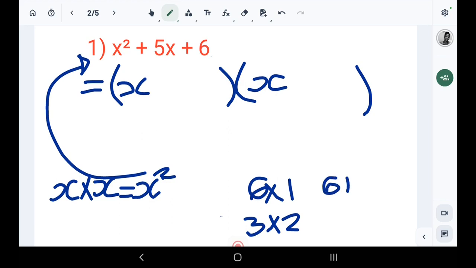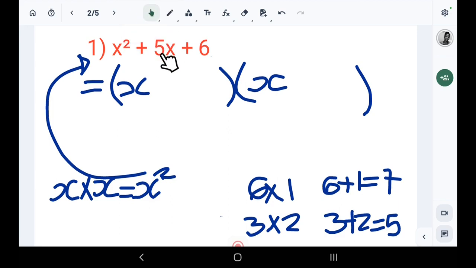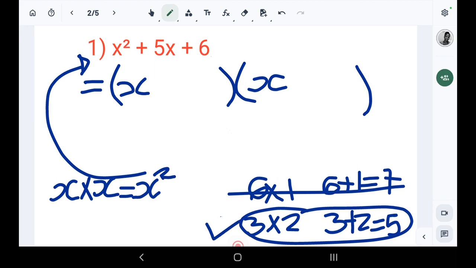Now, the next thing you do is add each factor pair. 6 plus 1 gives you 7. Then 3 plus 2 gives you 5. The factor pair that, when added, gives you the middle term, in this case 5, is the one you use to factorize this. 6 and 1 give us 7, so we cross it off. But 3 and 2 give us 5, so this is the correct one.